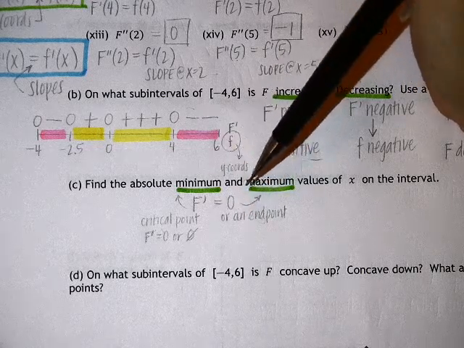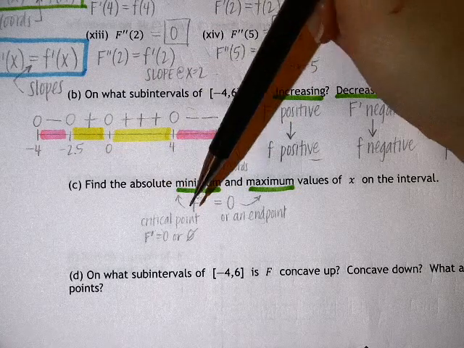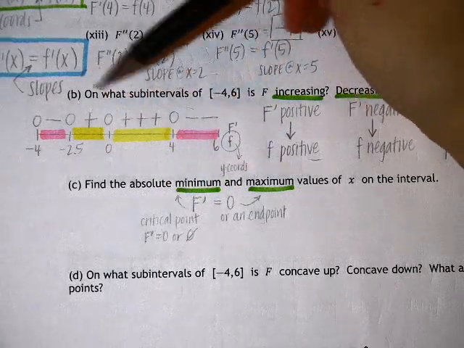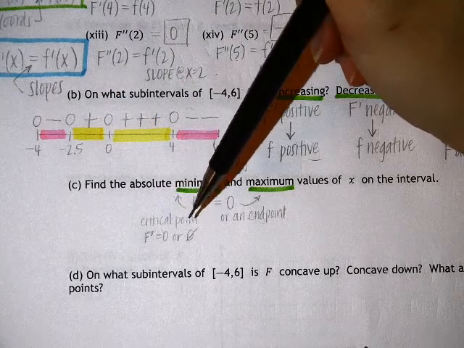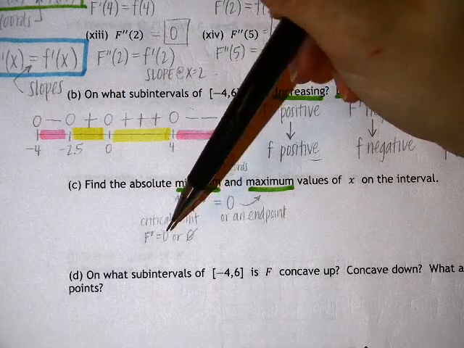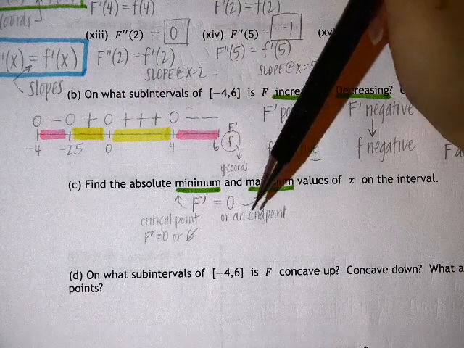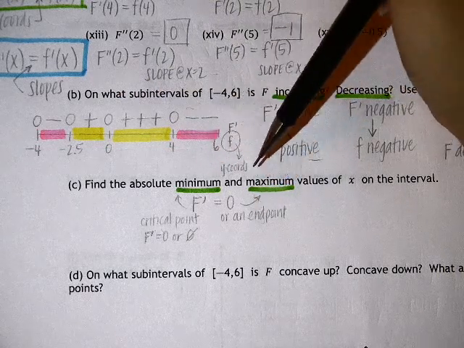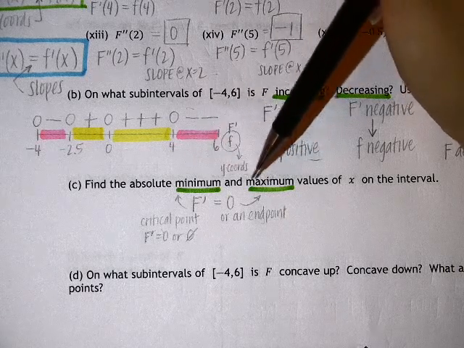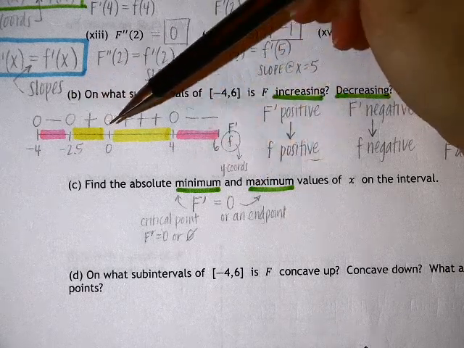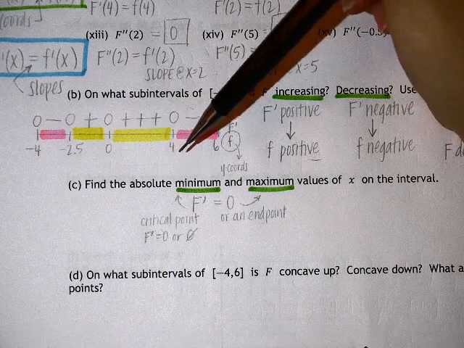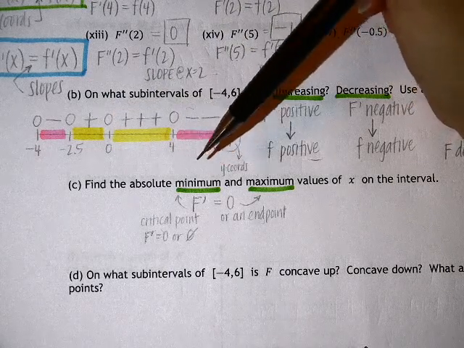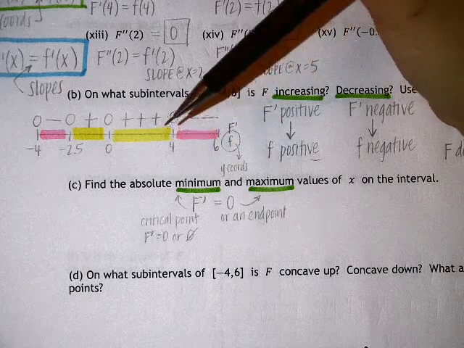For min and max, I really only need to test any critical points, so any zeros. I didn't have any undefineds on this line chart, so that's why I don't have to worry about that. I only have to look at wherever I had zeros and my endpoints. Now, the absolute min and absolute max can be predictable if you think about the behavior that the line chart is suggesting, but ultimately we know what this boils down to is that we have to test all of these possible points.